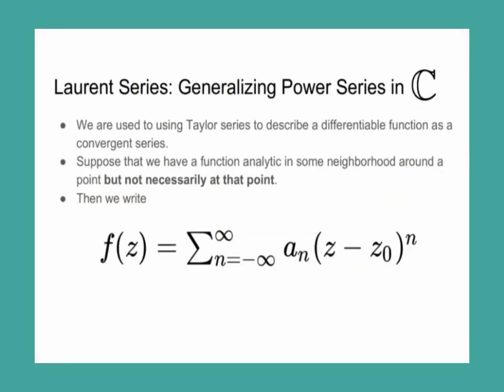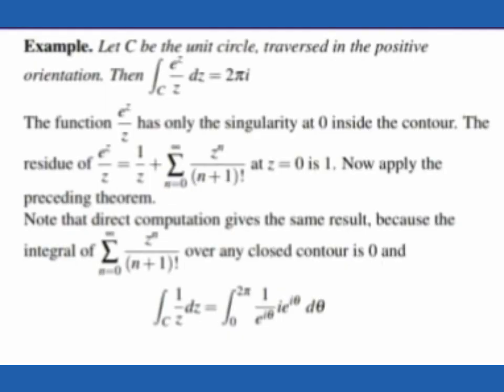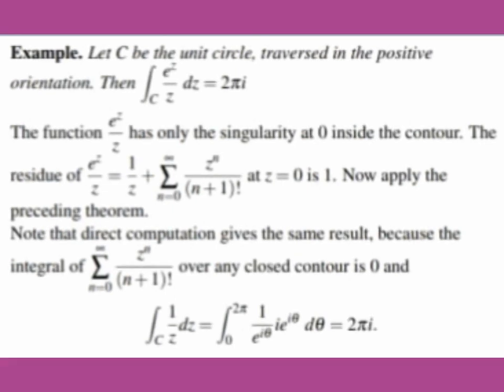Laurent series generalize power series in C: f of z is equal to the summation from n equals minus infinity to infinity of a_n (z minus z0) to the power n. For an example, the integral over C of 1 over z dz is equal to the integral from 0 to 2 pi of 1 over e to the i theta times i e to the i theta d theta, which is equal to 2 pi i. It shows a closed contour around 0.